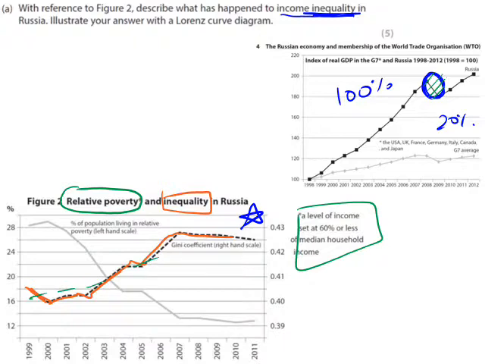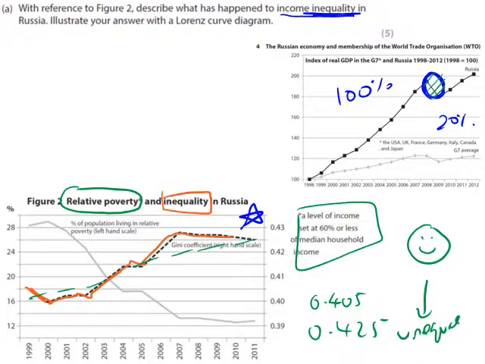So the overall trend is that it has gone from about 0.41 to 0.425. Now as it's increased, and remember 0 is what we want it to be, it's becoming more unequal.